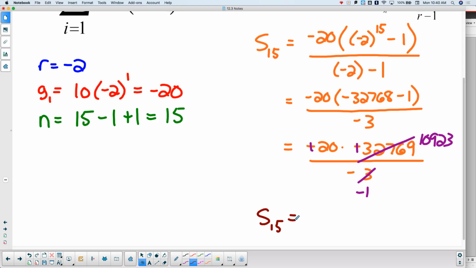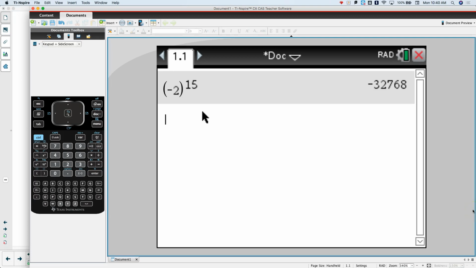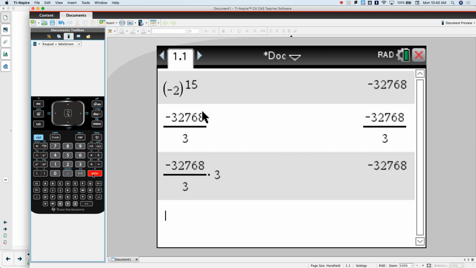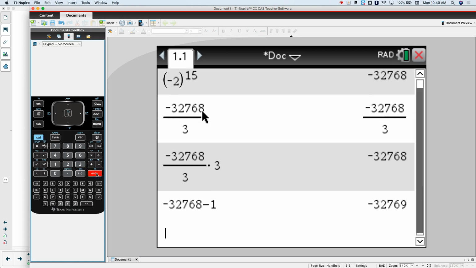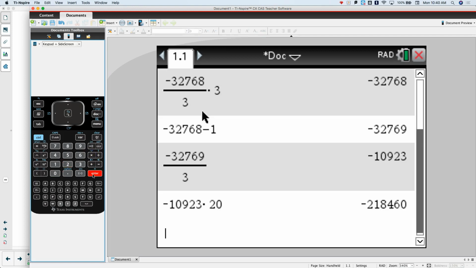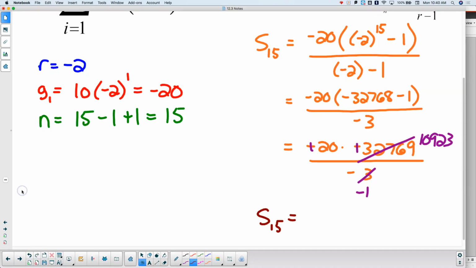Negative 3 goes into that one. Oops. Forgot to subtract 1 first. The answer is negative 218,460.